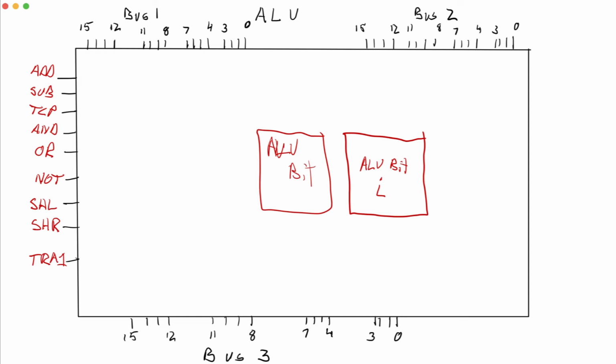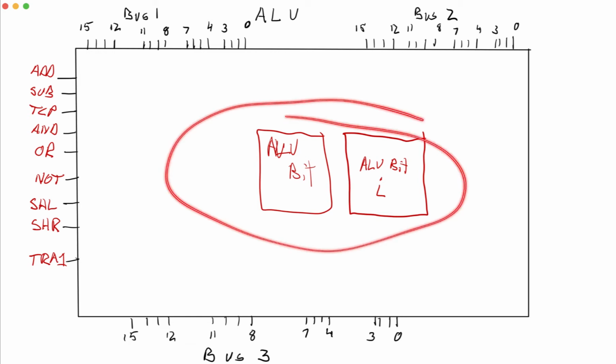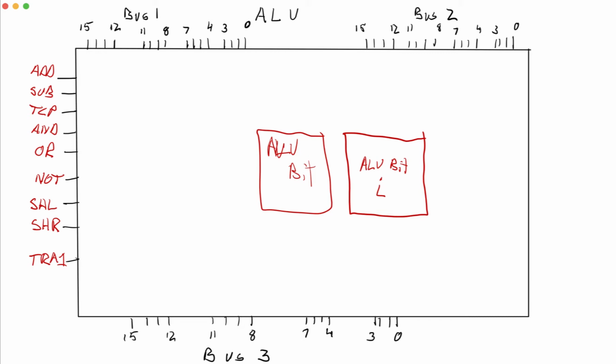Then when we go to build the entire ALU, we'll say, okay, this ALU bit is for bit number 5, or something like that, whatever it is. What that means is that it produces bit 5 of output. Okay, so now whenever we see bit I, we see that that is bit 5.